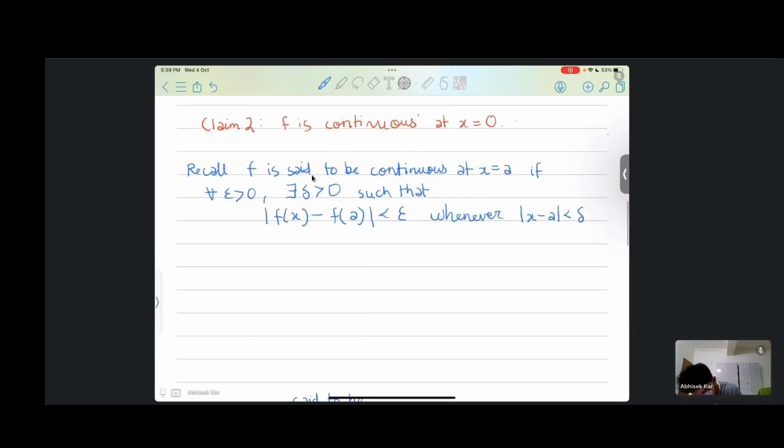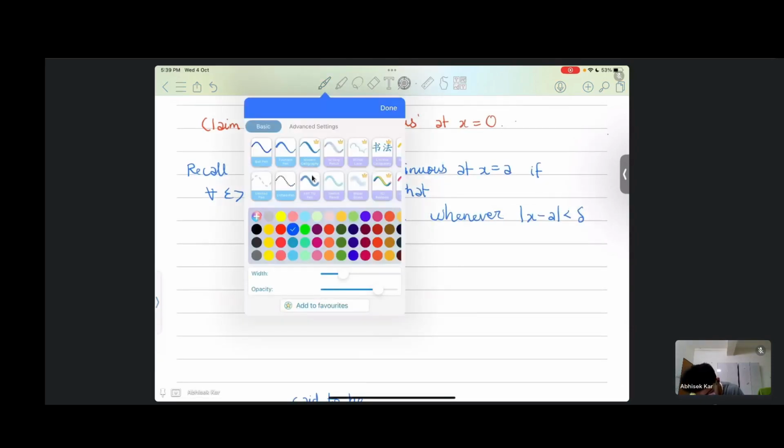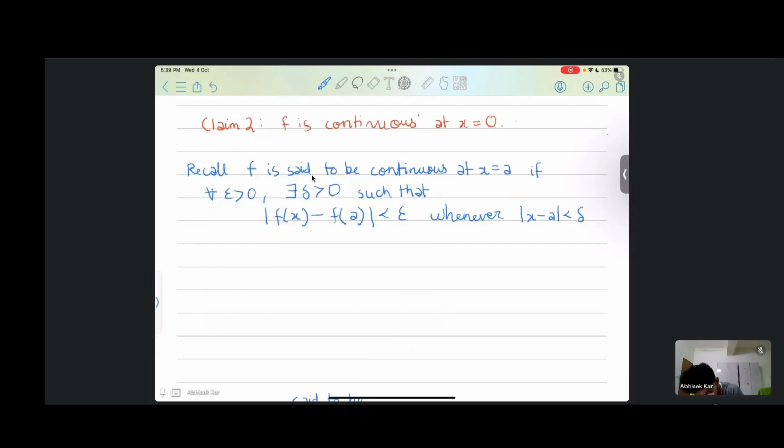So we have to find a delta. I'm going to highlight this point: we have to find a delta such that this condition is true whenever this condition is true.